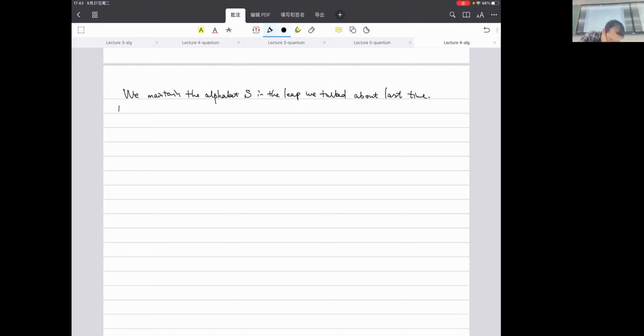So basically, recall that in heap, insert a node takes O of log n time. And basically, we use each letter's frequency as its key.